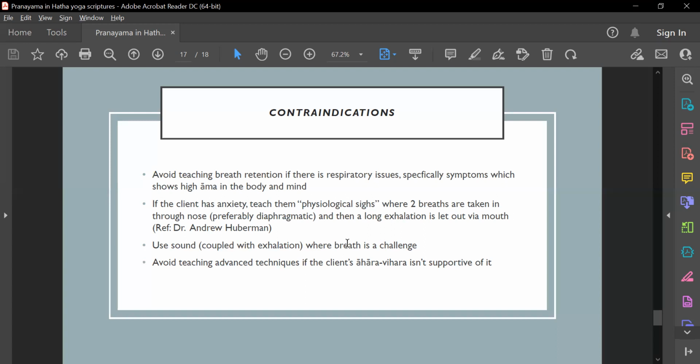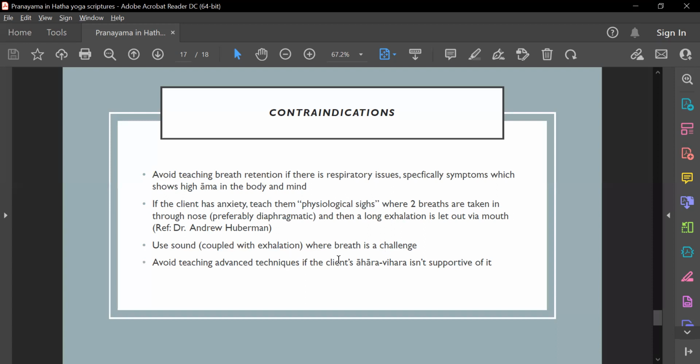If you put them in an isolated environment where they're with their breath alone, that can be quite intimidating for them. So use sound there. Sound occupies that void, that excessive void or even excessive thoughts that go on in the mind. So use sound, like I mentioned, where breath is a challenge. Feel free to use the sound. Sound can be very therapeutic.